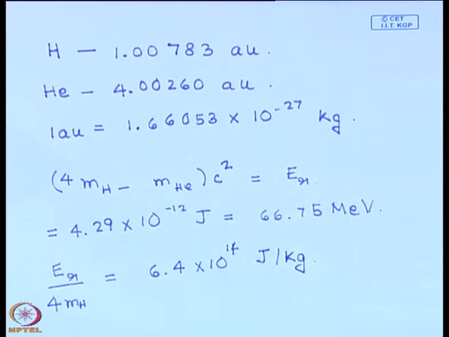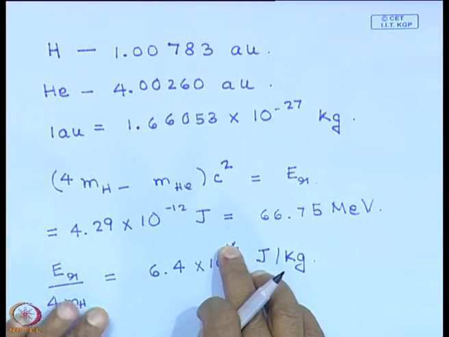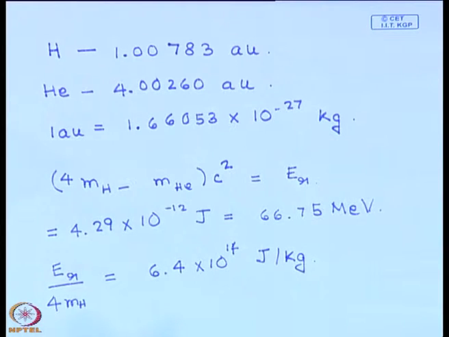Okay. So, if you take 1 kg of hydrogen and put the entire 1 kg through the pp chain or the CNO cycle, you will produce 6.4 into 10 to the power 14 joules of energy. It is an enormous amount of energy.